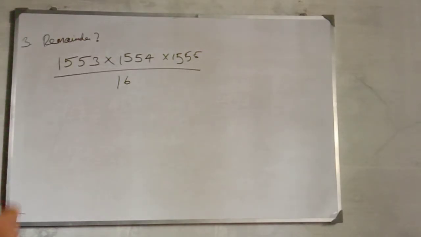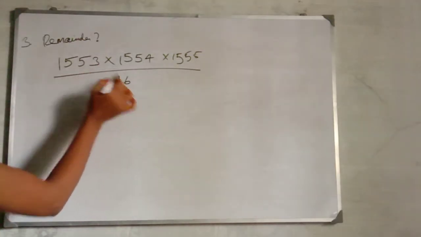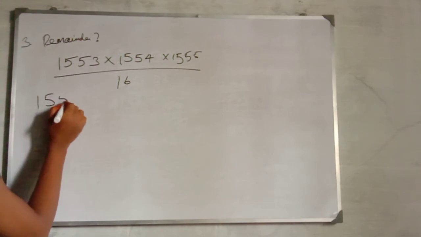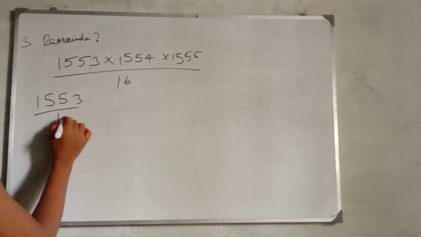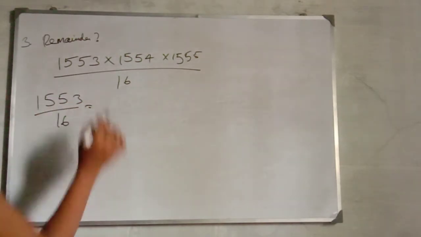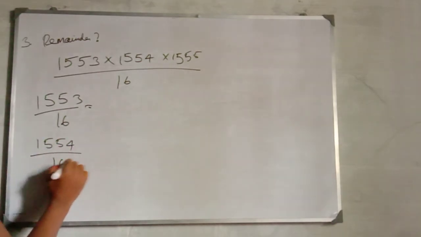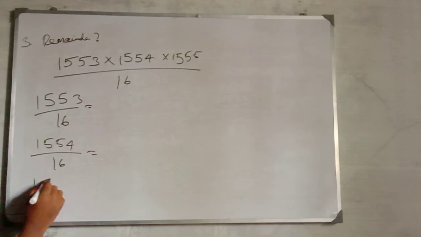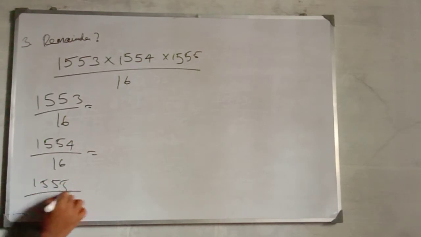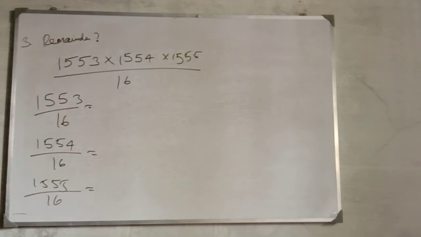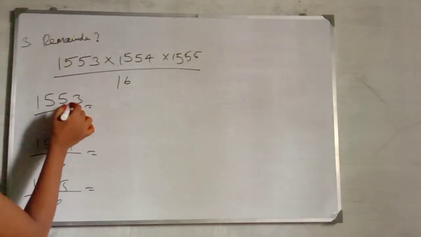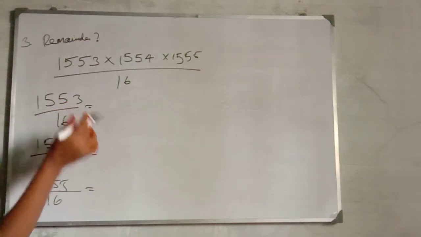So now we have to do 153 divided by 16, 154 divided by 16, then 155 divided by 16. So 153 divided by 16.